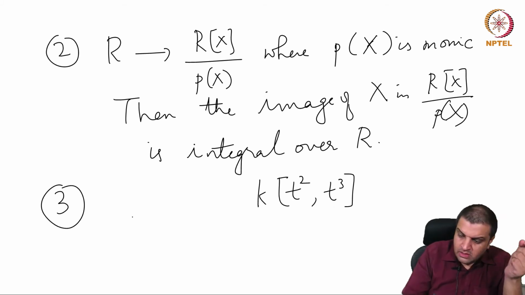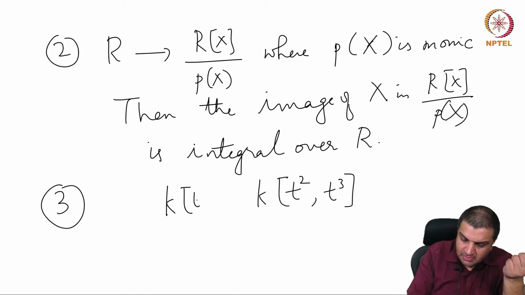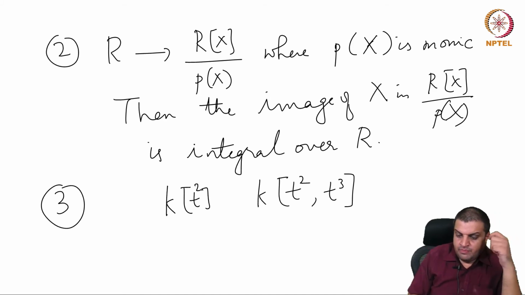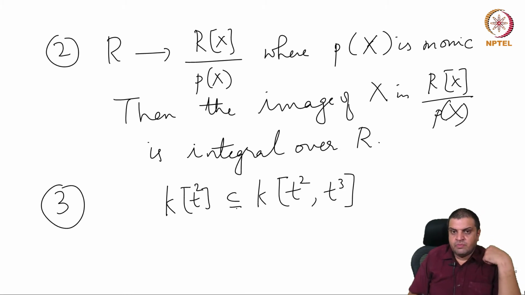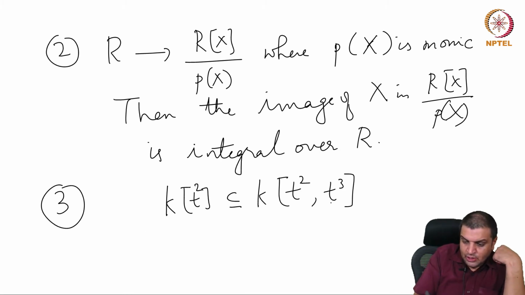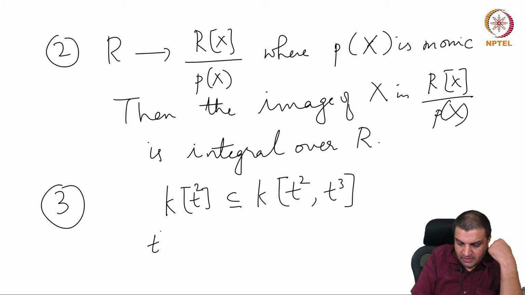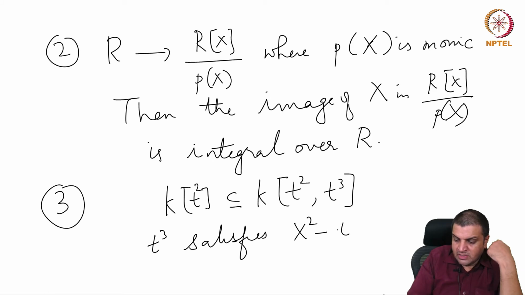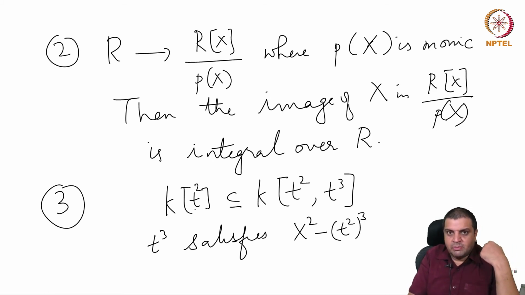And inside this, look at the subring k[t^2]. Now t^3, so this is the s that we are looking at. t^3 satisfies x^2 minus (t^2)^3. t^2 comes from the subring R. Okay.